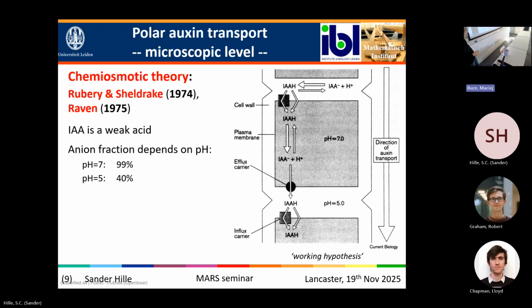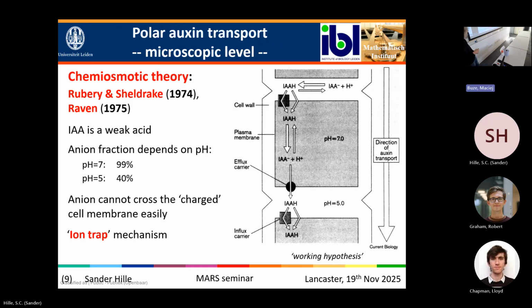In between the cells, it is acidic, and inside it's more or less neutral, so that inside the cell, 99% is in anion form, and outside it is only about 40%. Then it moves from the intermediate space, but because the cell membrane is charged, the anion cannot easily get through. The protonated form can, but inside it is the opposite. The anion form cannot get out, so you get an ion trap kind of mechanism.